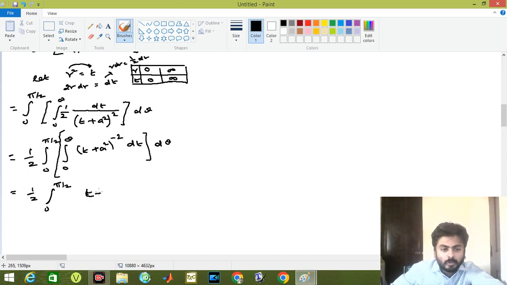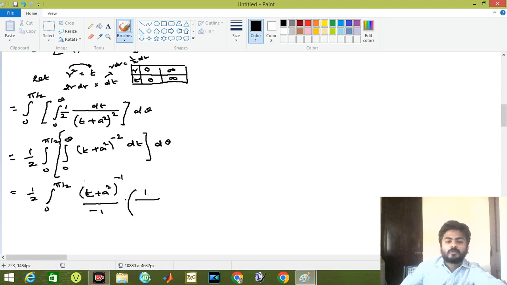So you will have t plus a square whole power minus 2 plus 1, so minus 1 by minus 1. Then in the denominator you have to put the derivative. You have taken the entire function as x, so you have to differentiate this function separately. That will give you 1.